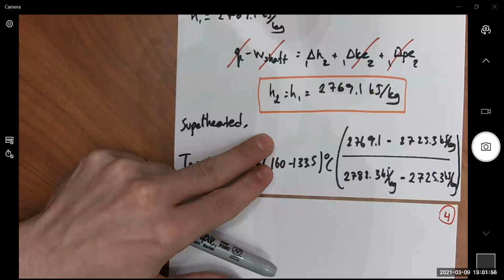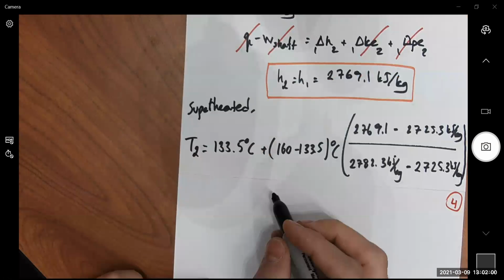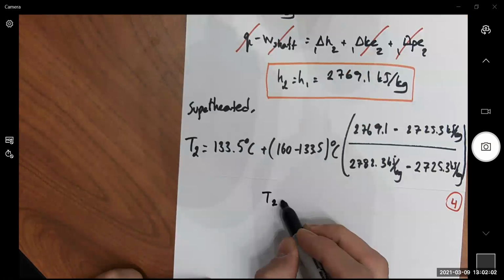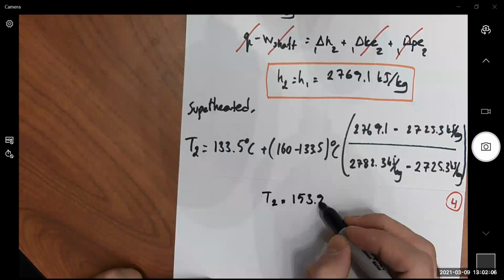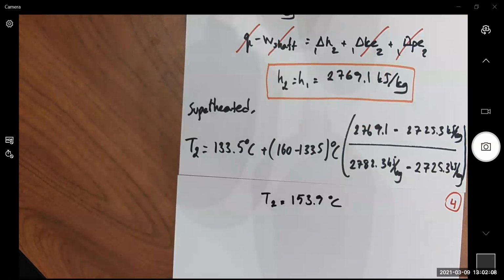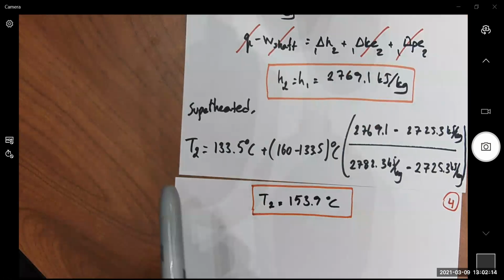Okay. Temperature from here, T2, is 153.9 degrees Celsius. It's very straightforward.